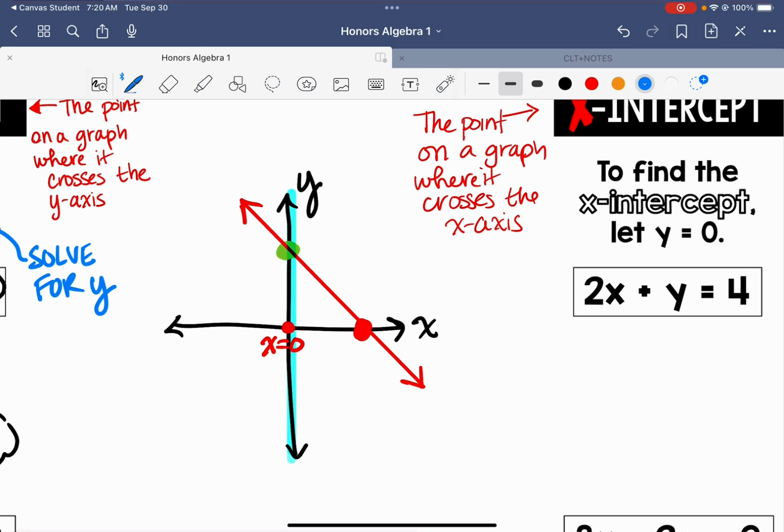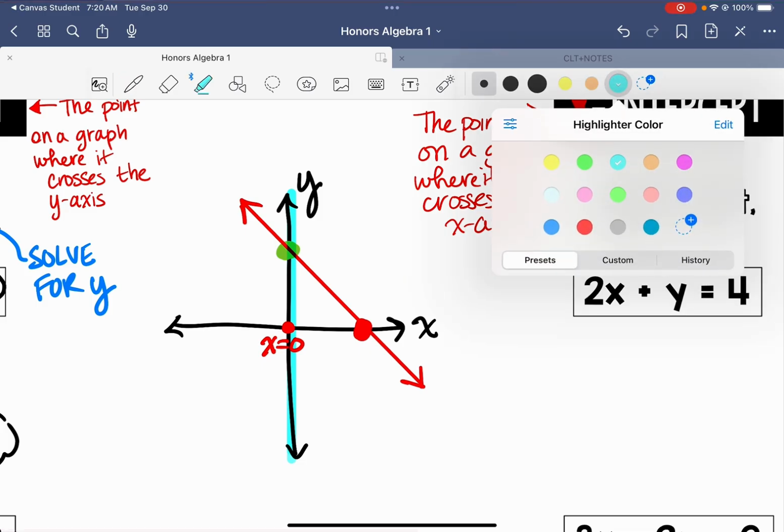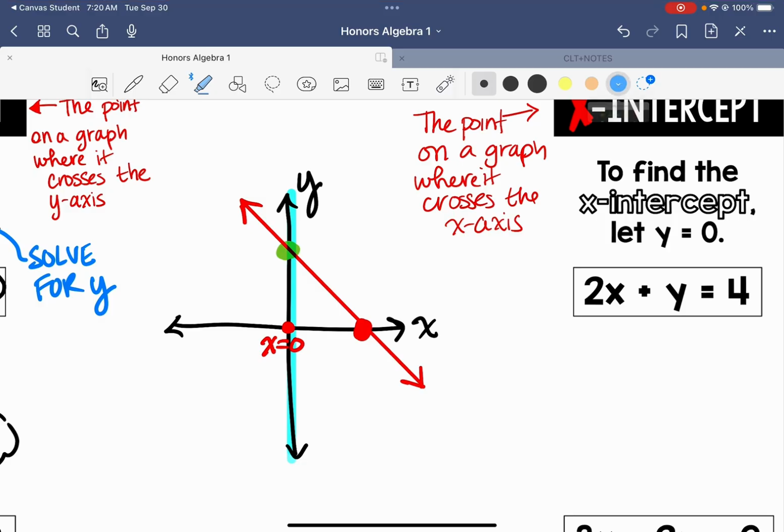If you look at the x-axis, this is where the x-intercept lives. It's on the x-axis, and that's always where y equals 0. So if we want to find the x-intercept, you always let y equal 0.